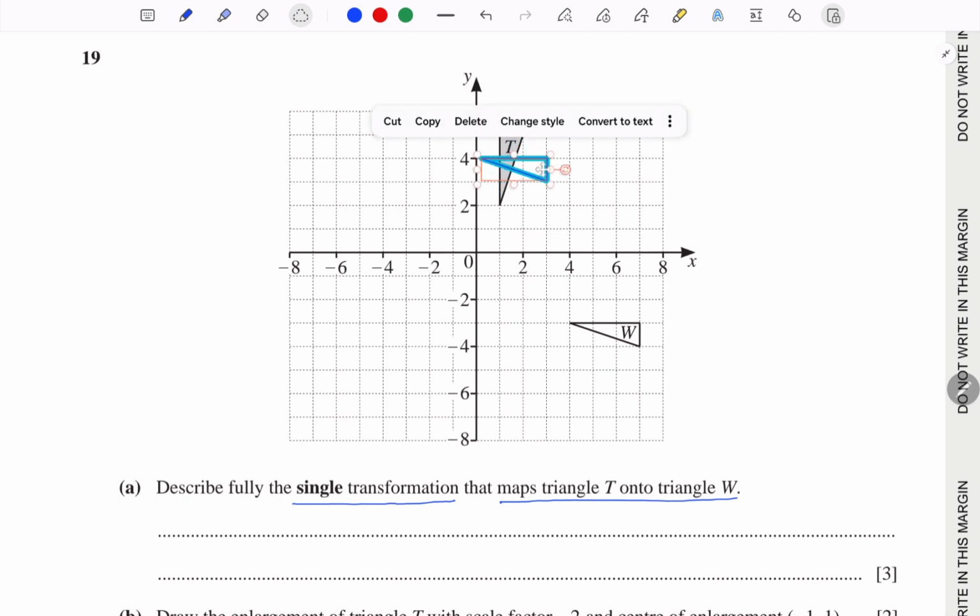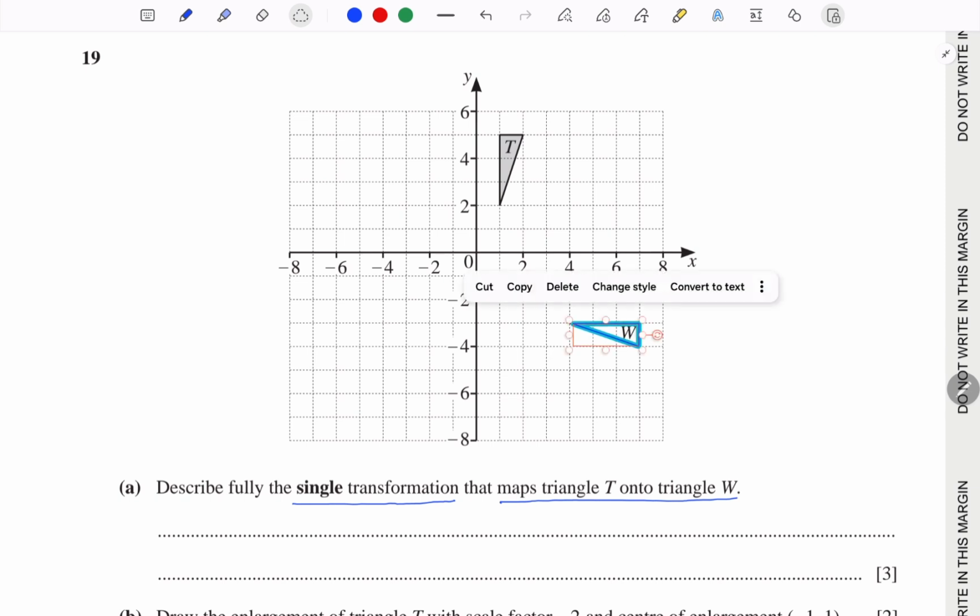If I take this triangle here, it will completely cover triangle W. So this is the single transformation that we are looking for.